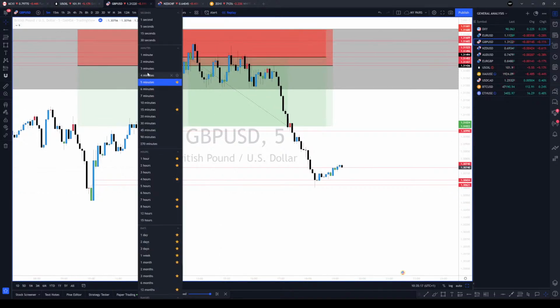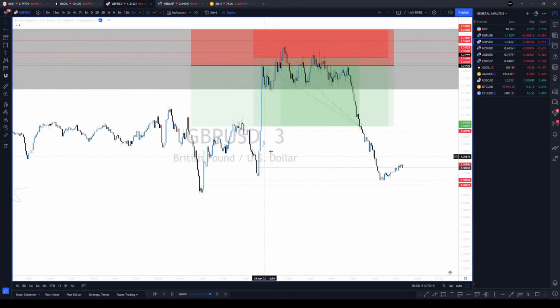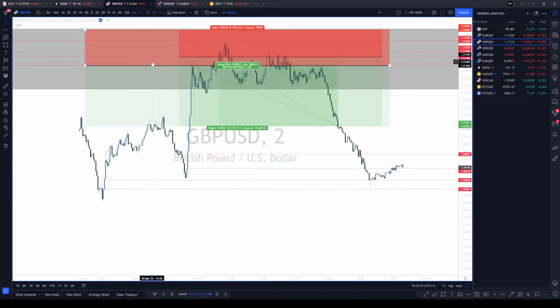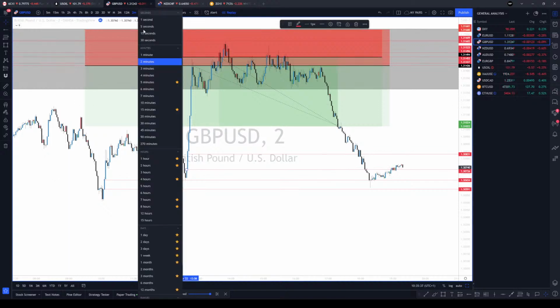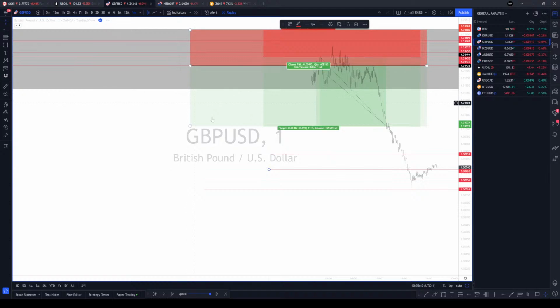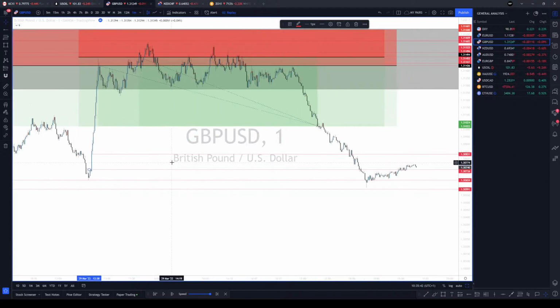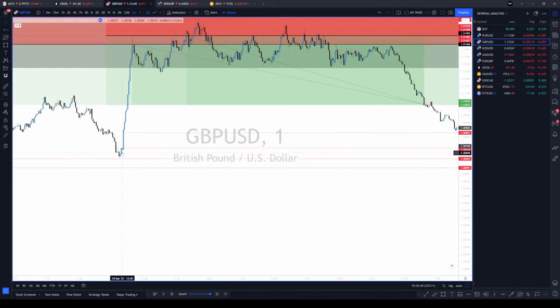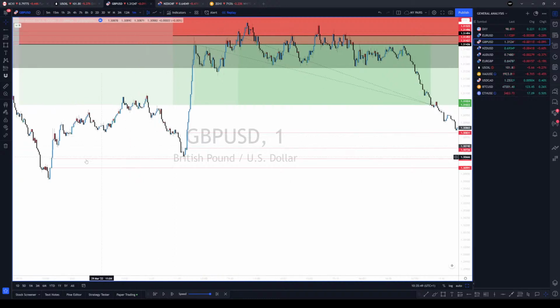If we go 3, so that big one can be reduced to that, and this one can also be reduced to that, and 2, same thing, and then 1, 1 has a small one in here with that big one, but I like this one.